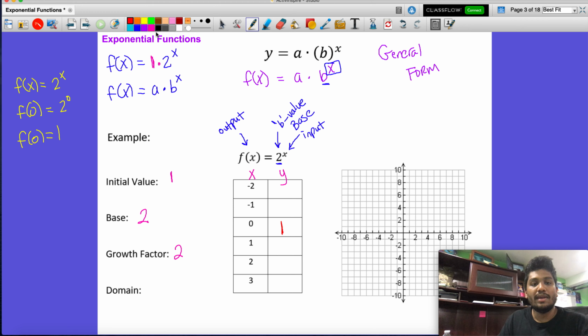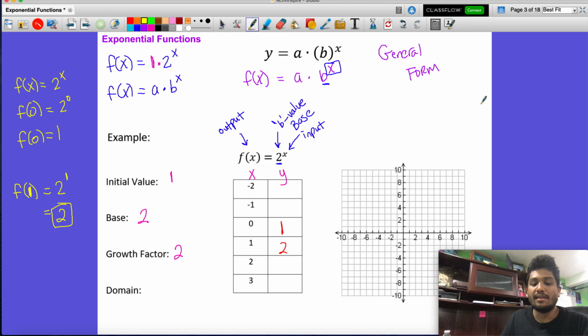Then if we have f of 1, that's this one right here, we're going to substitute this 1 for the x. Now, what is 2 to the first power? We're taking 2 and raising it to the first power, and it simply stays at 2. So this would be 2.